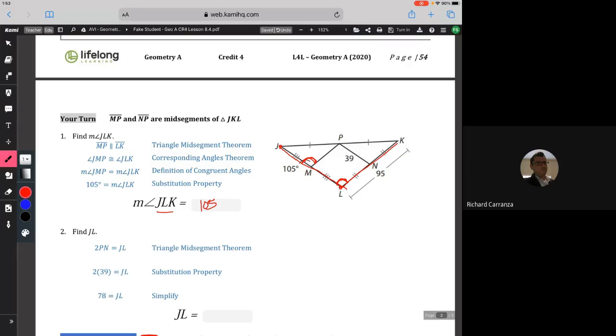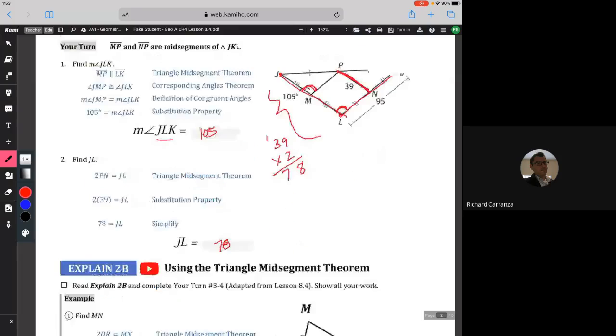It's going to be 105. And then JL. So when you're looking at this, JL is going to be double of 39. So 78.